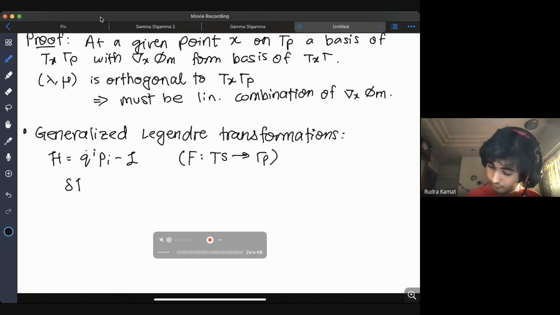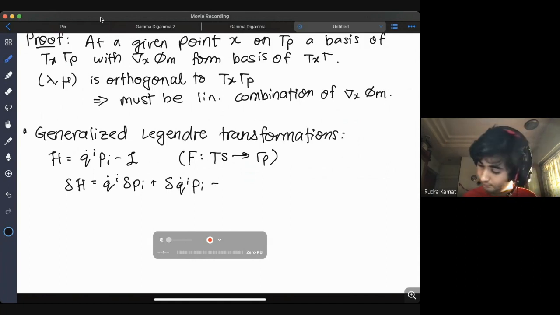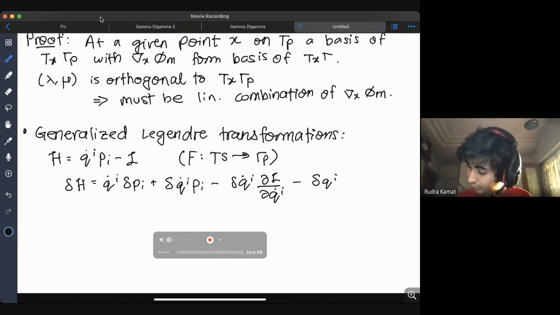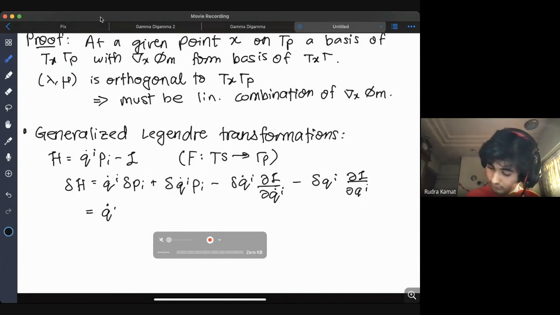Delta H is then going to be q_i dot delta p_i plus delta q_i dot p_i minus... so I'm just varying the Lagrangian's dependence one at a time, and this gives us some terms that will cancel off.